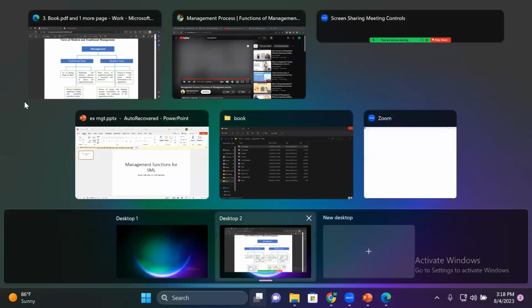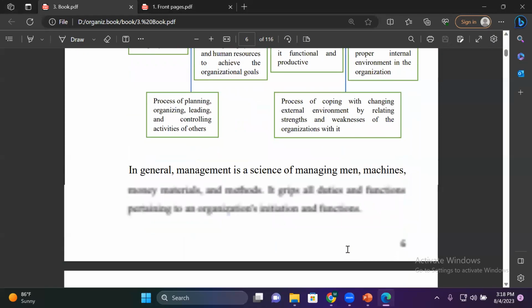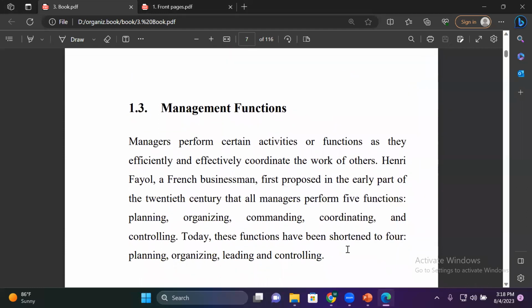I'm not going to do the traditional and modern views. I will be doing the management functions that we want to talk about under our topic. So managers perform certain activities or functions as they efficiently and effectively coordinate the work of others. Henry Fayol is a French businessman.